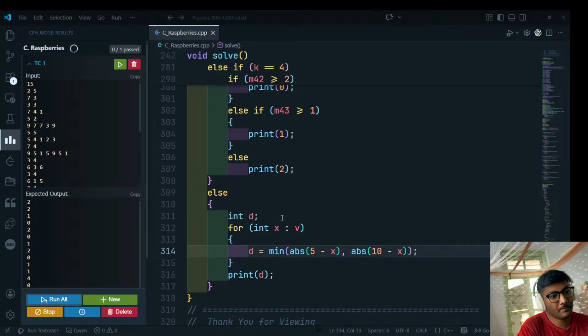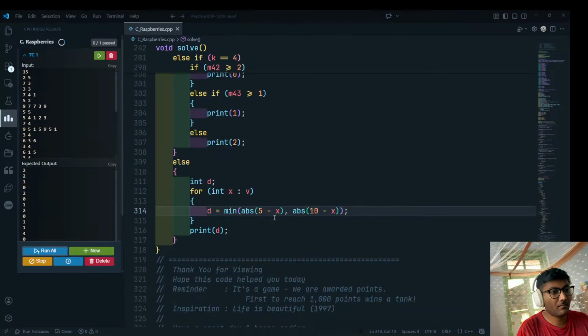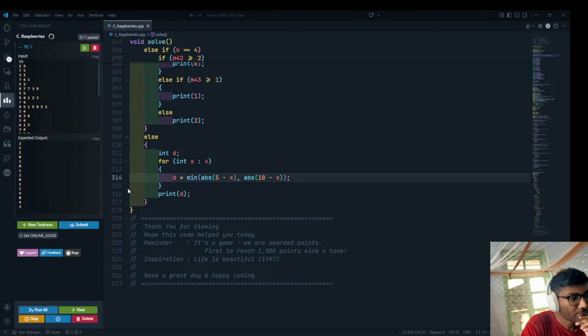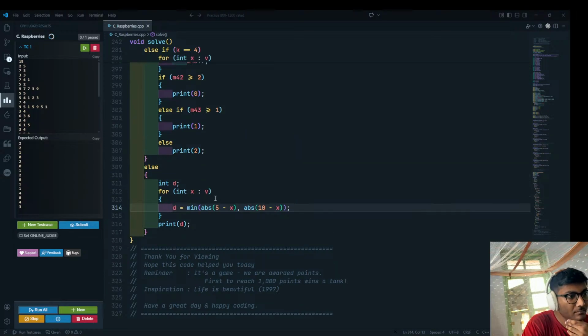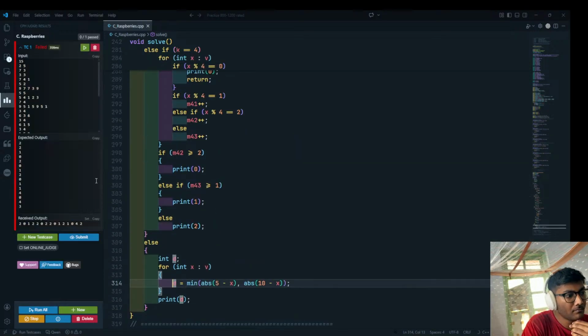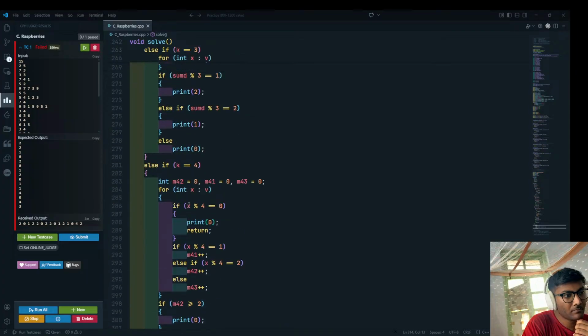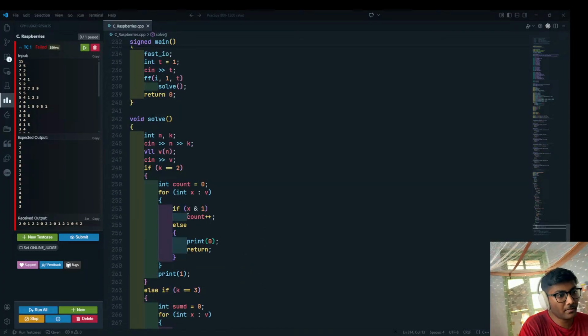Let's try to run. In all the prints it did, this should be printed again.